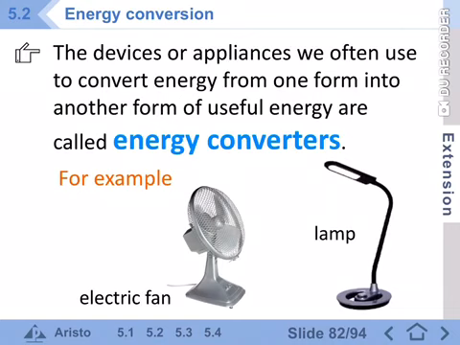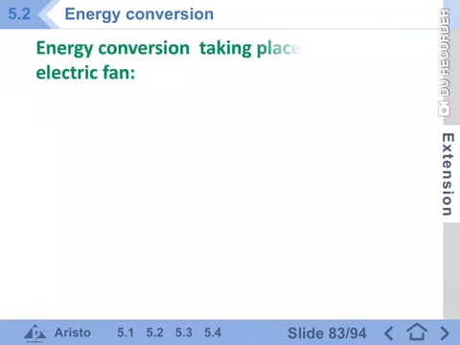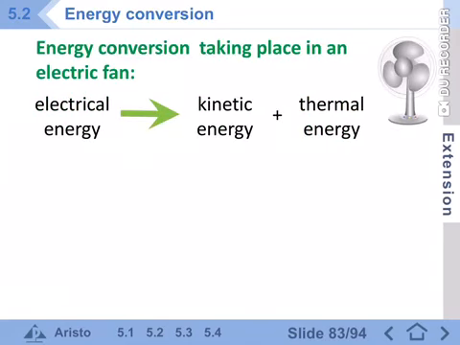Now, some examples of appliances at home, the fan and the lamp, are all energy converters. Electricity changes into other forms: kinetic energy for the fan, or light energy for the lamp. So for electricity to go into the fan, it will turn the motor inside the fan to cause the blades to move as kinetic energy, and then the motor would heat up really fast and give out heat energy, the thermal energy.